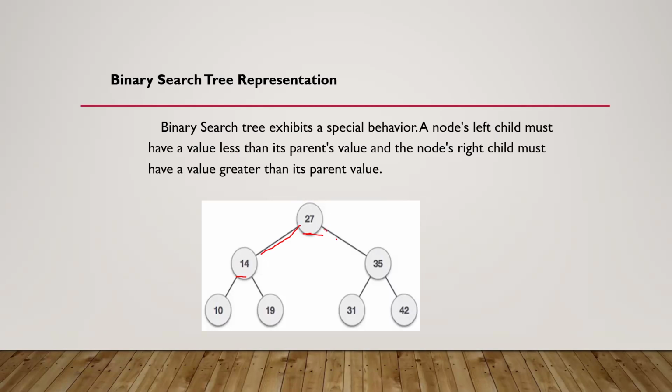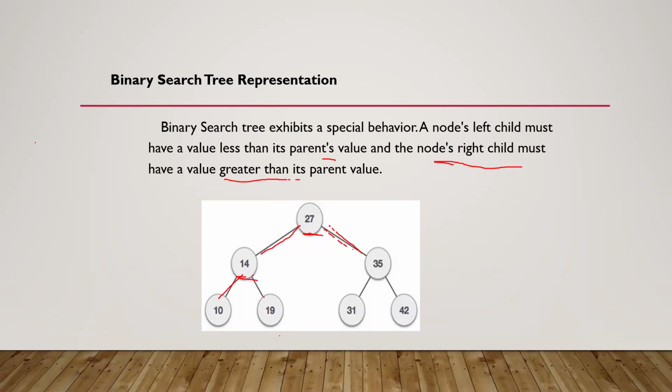And on the right side, it must be a higher value compared to the root node. So these are the rules: the root node's right child must have a value greater than the parent value. Here you can see 14, here 10, and 14 is the greater value. This is 19. Like this, we have to insert the values.